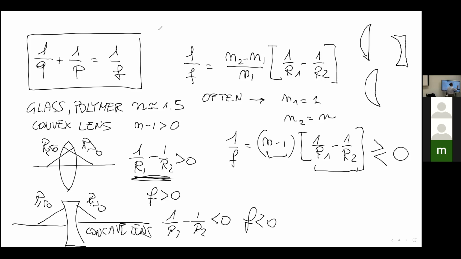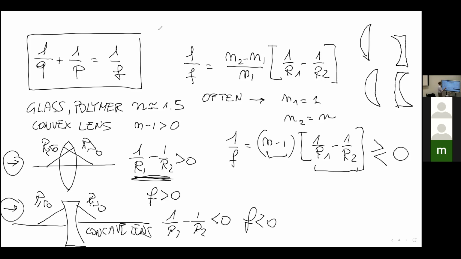You can have lenses where you have a small radius of curvature here, and a small radius of curvature here. Depending on the radius of curvature, you can have positive or negative lens. But the two really important cases are these two.